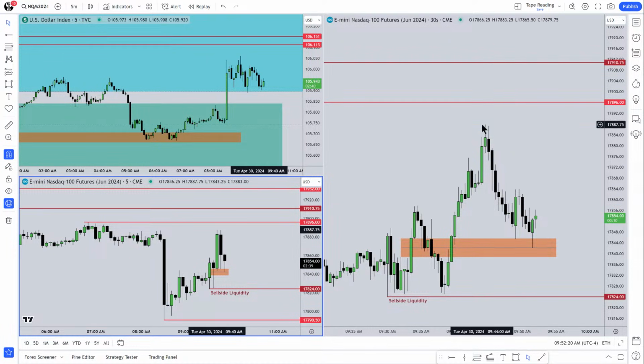So looking at this high down to that low, if we continuously rally, there's no inefficiencies until we get to here. And that's inside of this as well.